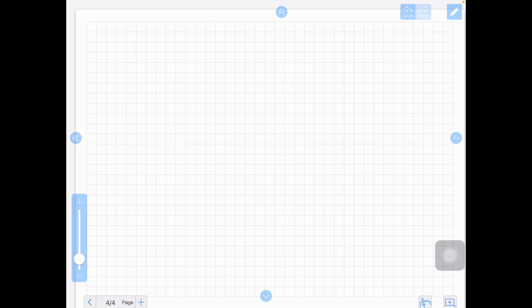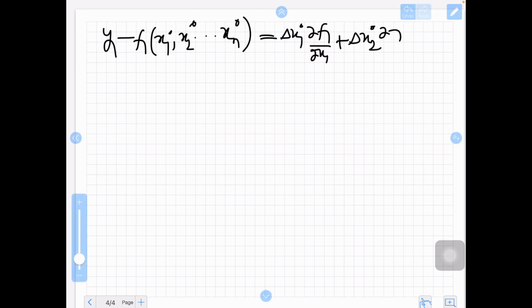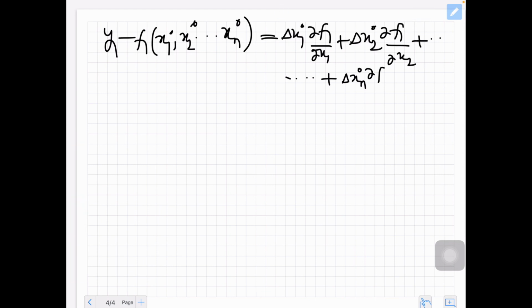So we will get y1 minus f1 of x1 naught, x2 naught, etc., up to xn naught, is equal to, the remaining RHS stays the same, that is delta x1 naught dou f1 by dou x1, plus delta x2 naught dou f1 by dou x2, etc., plus delta xn naught dou f1 by dou xn.